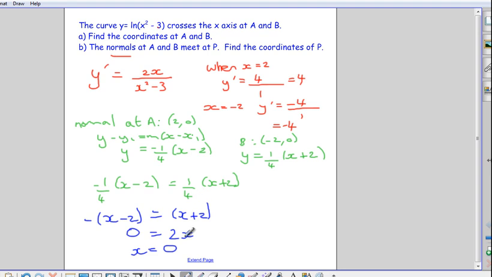So we just need to plug x is equal to 0 into either of these equations. I'm going to go for this one because it's not got any negatives. So when x is equal to 0, y will be equal to a quarter of 2, 2 quarters, which is just a half. So P will be 0, a half.